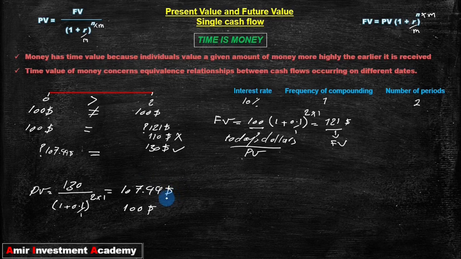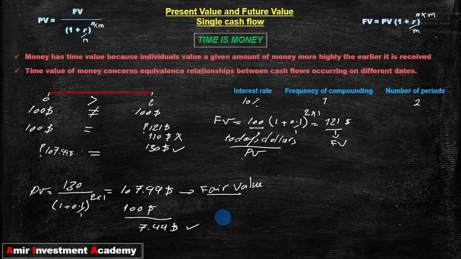So I'm paying $100 for something that is worth $107. So I'm paying $7.44 less than what I should pay. That's why I think that's a good deal, right? $107.44 is the fair value of $130. That's the fair value. I'm paying less than the fair value, so that's why that's a good deal, right?